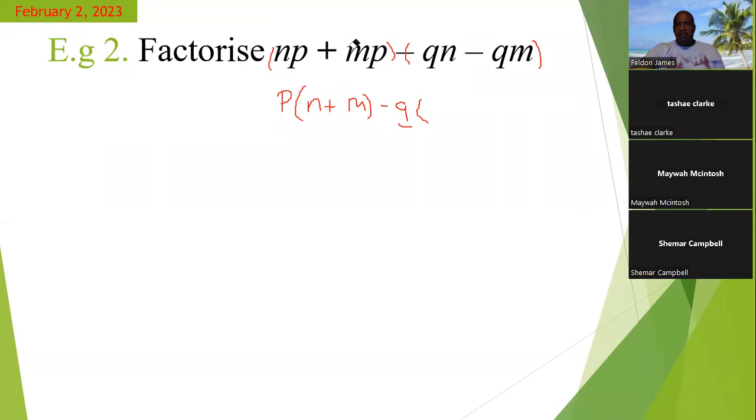So here we have negative Q divided into negative Qn. Negative Q divided by negative Q gives you positive 1, so you only have N remaining for the first term in this bracket.